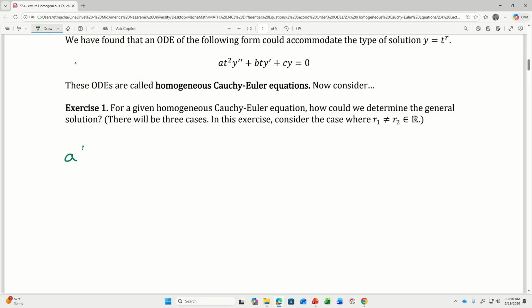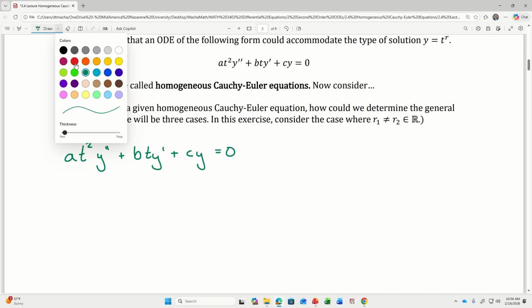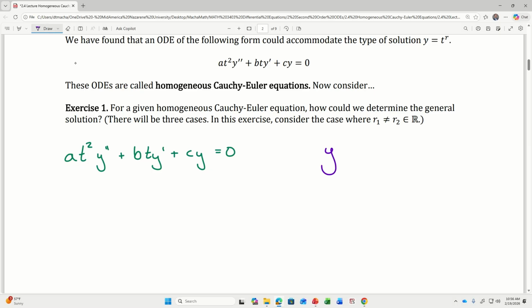So let's write down a t squared y double prime plus b t y prime plus c y equals 0. And the solutions we're looking for are things like t to the r power. And we already found the first and second derivatives of this.